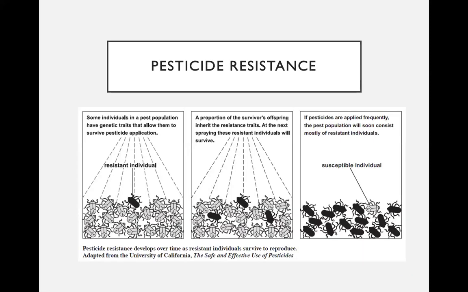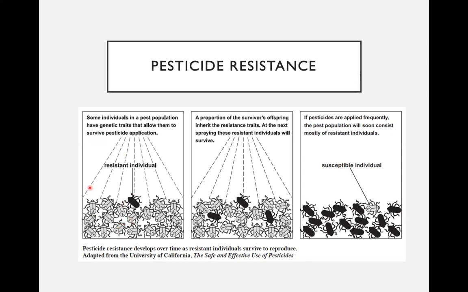So the first one is pesticide resistance. This is one of the big things that can happen from overusing a selective pesticide. A selective pesticide is, again, one where you're targeting a specific species of pest. What can happen with pesticide resistance is that the ability of a pest to tolerate that selective pesticide starts to increase. And this figure is going to walk us through how that resistance develops.